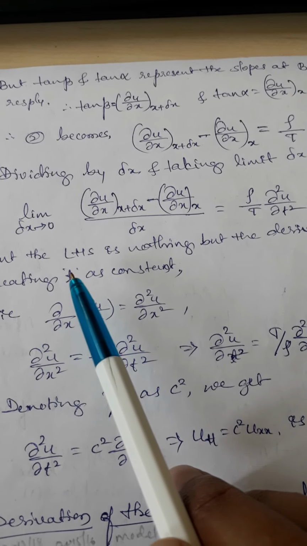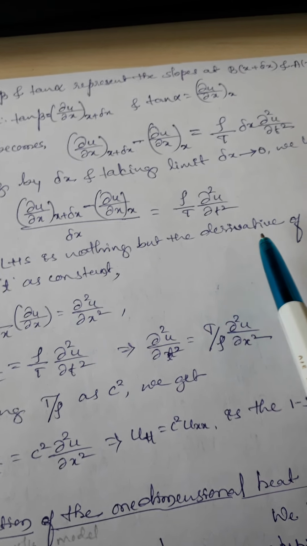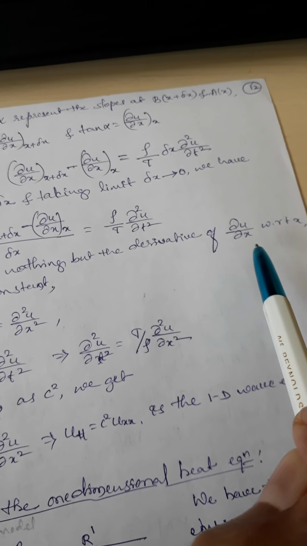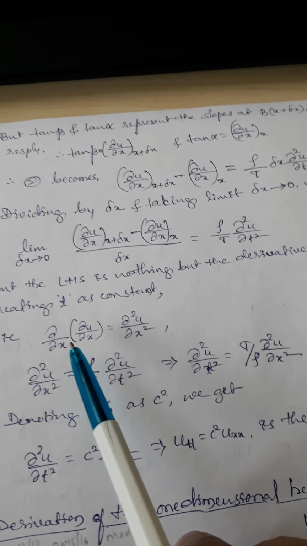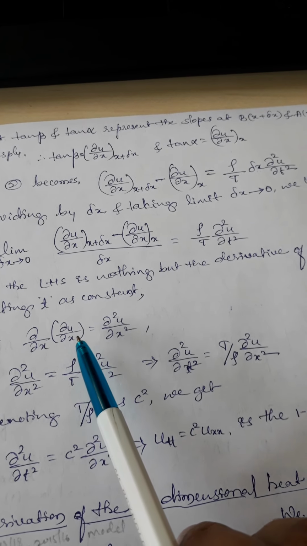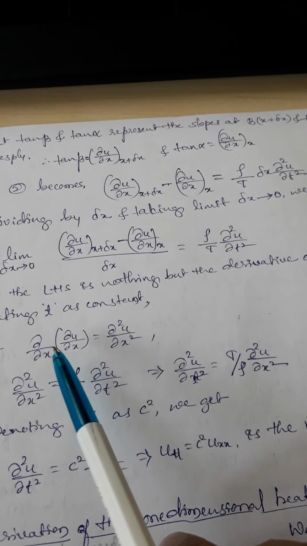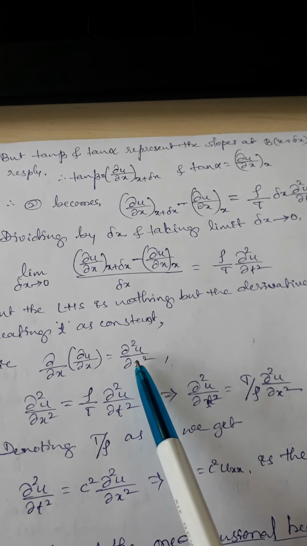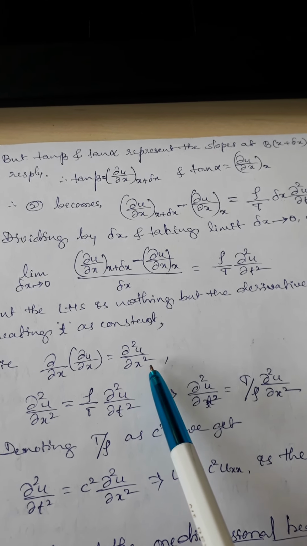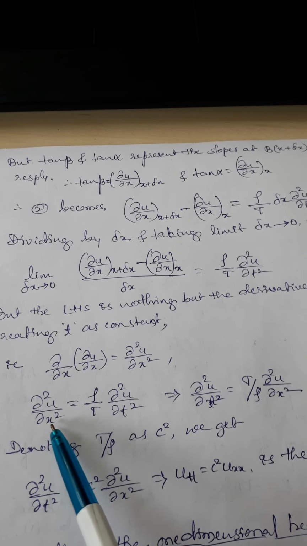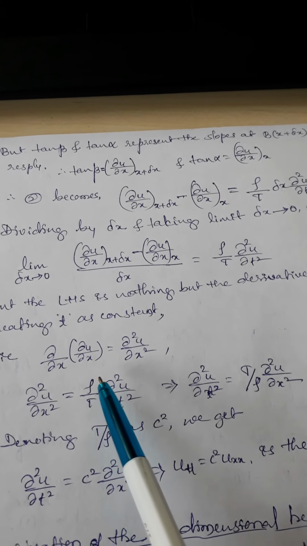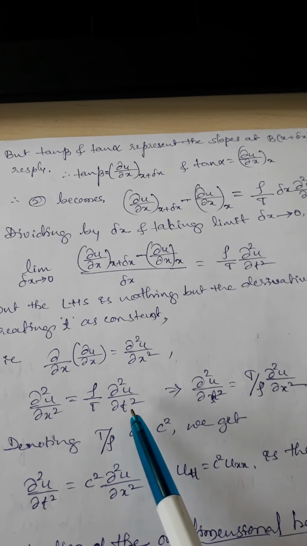But the LHS is nothing but the derivative of ∂u/∂x with respect to x, treating t as a constant, that is ∂²u/∂x². Therefore, the LHS is ∂²u/∂x² equal to rho by T ∂²u/∂t².